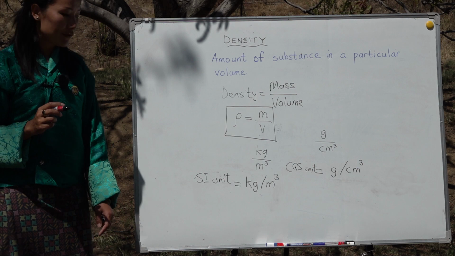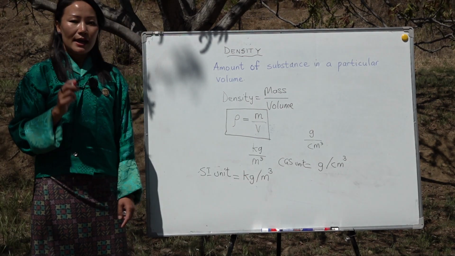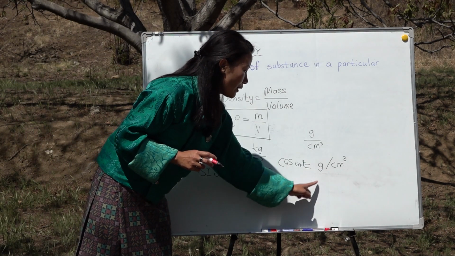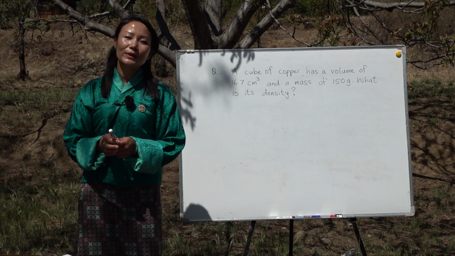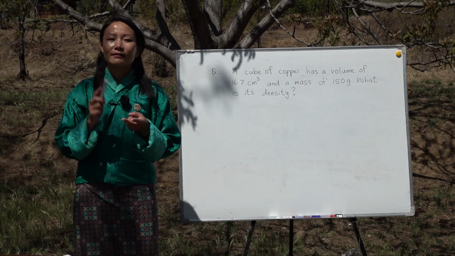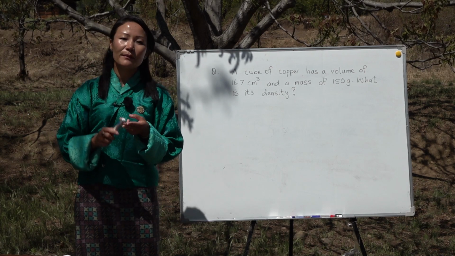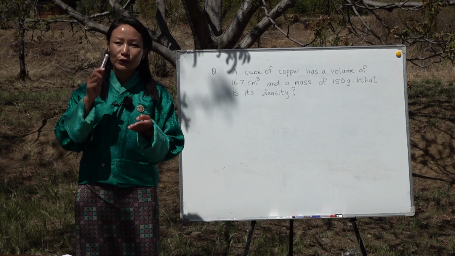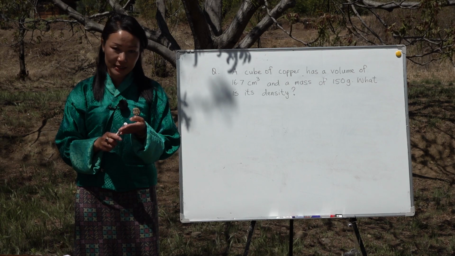So SI unit of density is kilogram per cubic meter, and CGS unit for density is gram per cubic centimeter. First, we learn the concept, then we write down the definition. From the definition, we write down the formula. Then we know the units, both SI unit as well as CGS unit.